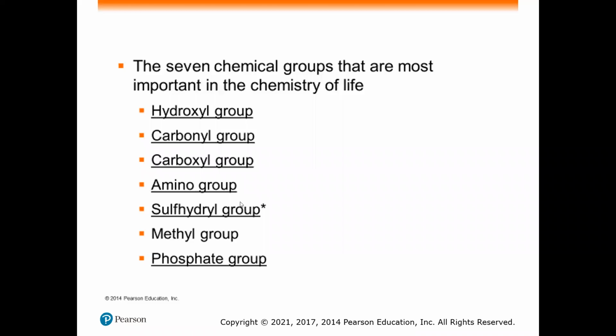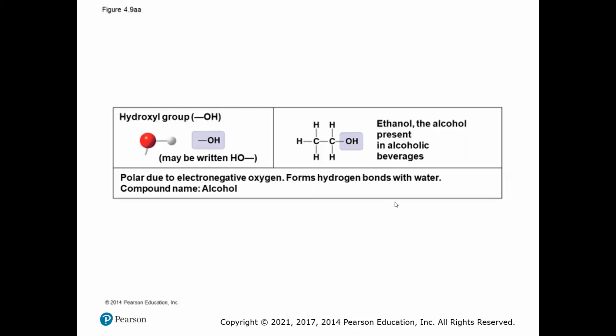There are seven chemical groups that are most important in the chemistry of life. We have the hydroxyl group, carbonyl group, carboxyl group, amino group, sulfhydryl group, methyl group, and phosphate group. The hydroxyl group, OH, is polar due to electronegative oxygen and forms hydrogen bonds with water, helping dissolve compounds such as sugar.